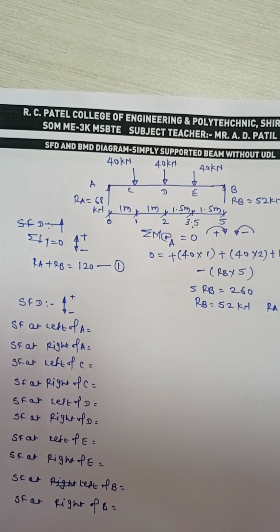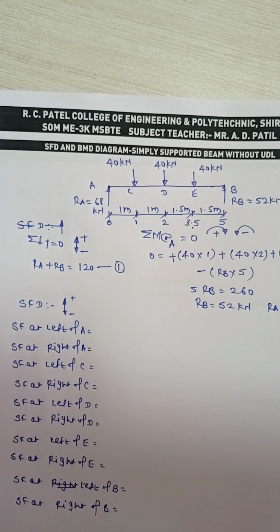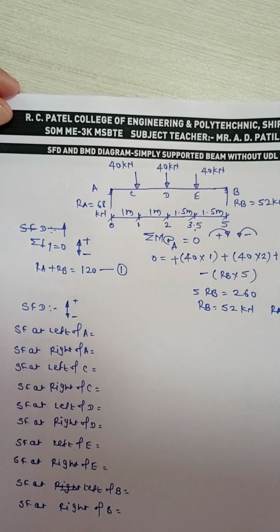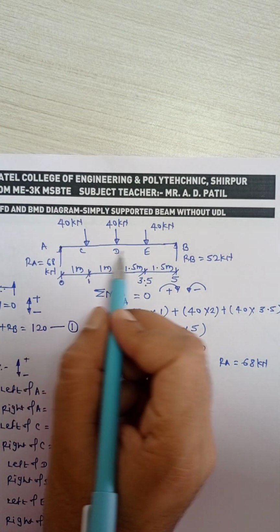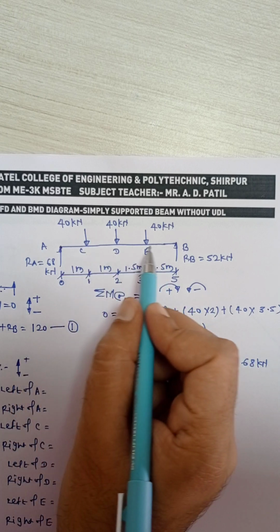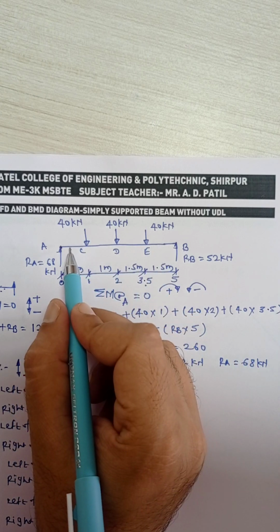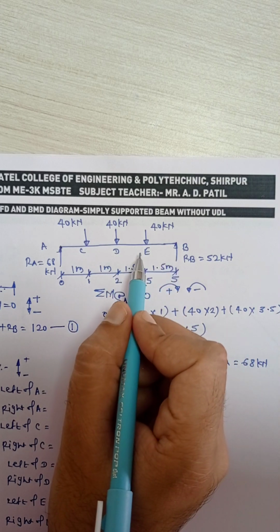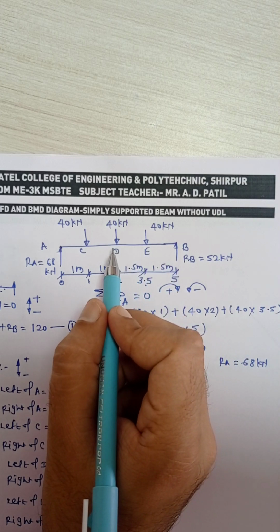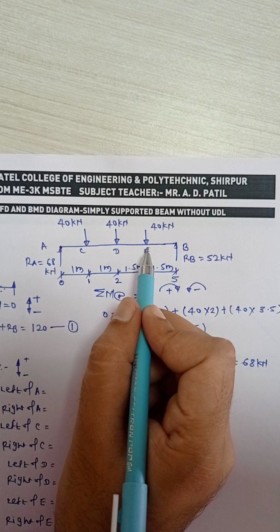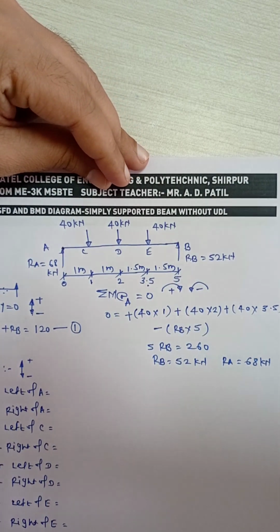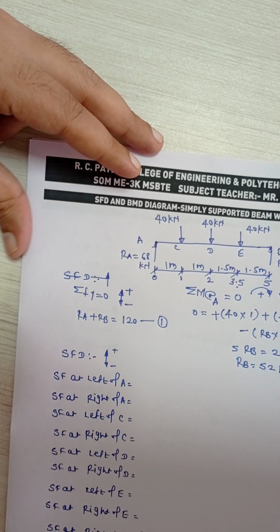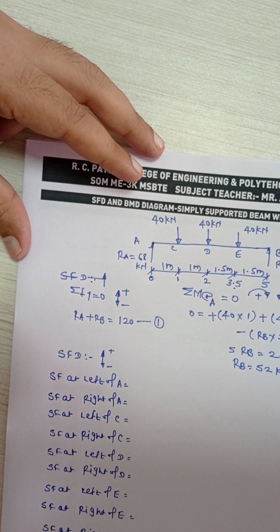So here two types of concepts are there to solve the SFD. First identify if in the numerical there is only point load or point load and UDLs. If there are only point loads, I will explain later how to solve. So first step is how to write the name.